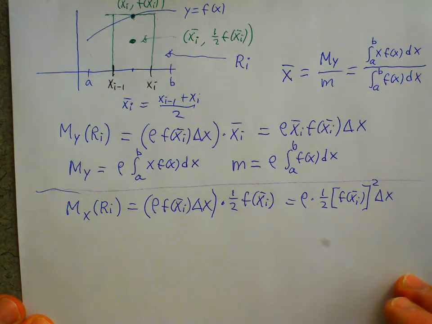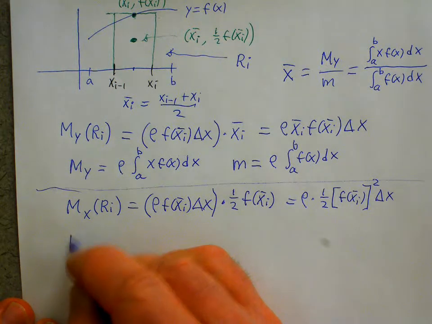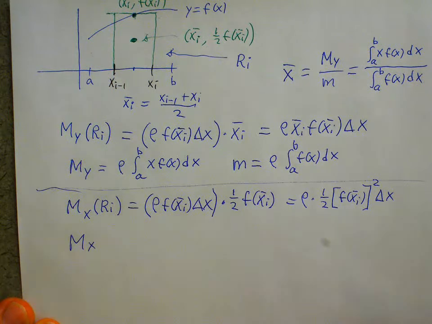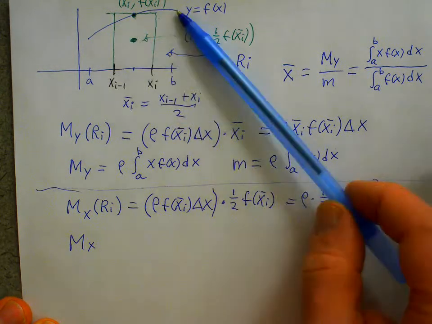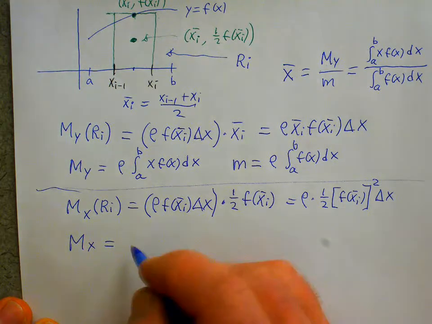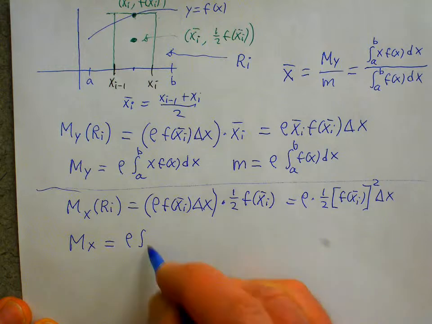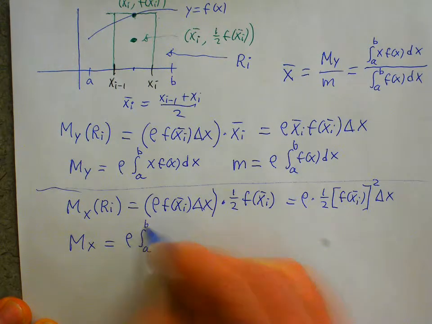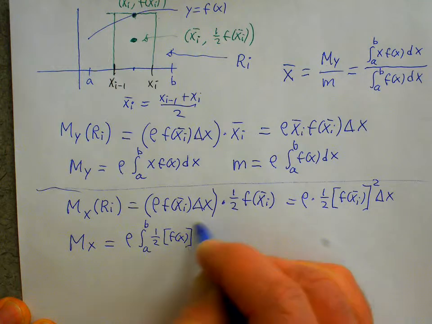Then if we take a limit by letting n go to infinity, the moment of the region bounded by the graph of y equals f of x and the x-axis from a to b is going to be rho times the definite integral from a to b of 1/2 times f of x squared dx.